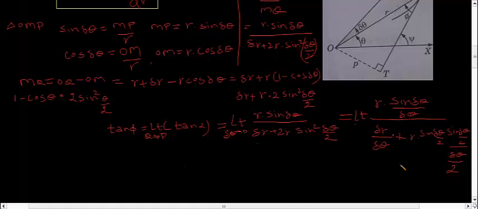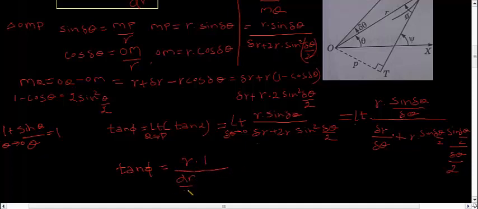If you apply this limit of sine theta by theta as theta tends to 0 is equal to 1 here, let me write tan phi again, tan phi equal to r into 1 divided by dr by d theta plus r into sine of delta theta, where delta theta tends to 0, so sine 0 is equal to 0, into sine of delta theta by 2 whole thing divided by delta theta by 2, which is nothing but 1.